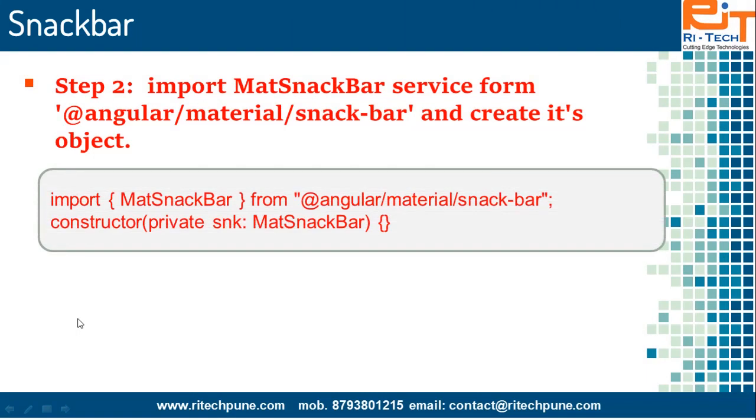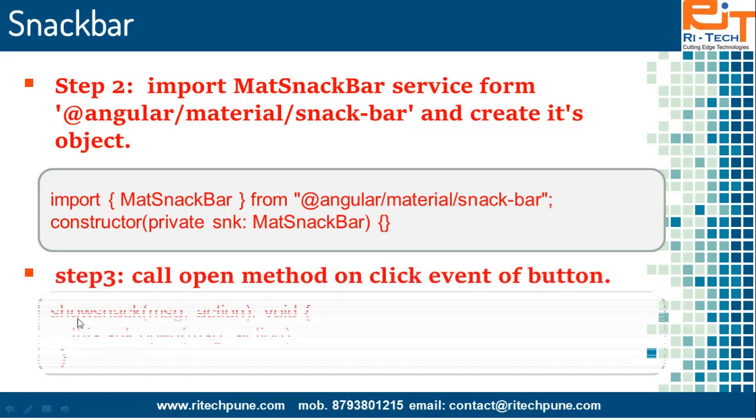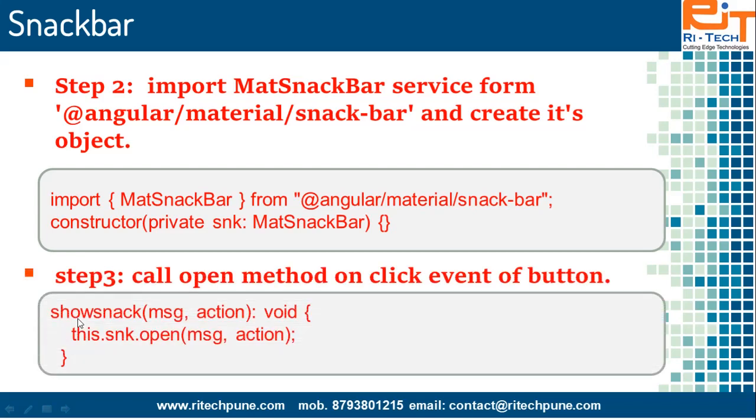Now the second step is to import the snack bar service from Angular Material snack bar, and you can import it here. Then you can create an object of the MatSnackBar service in the constructor of your component, and once you create it, you can call the open method of that service, and we'll get the message and the action that we have done.